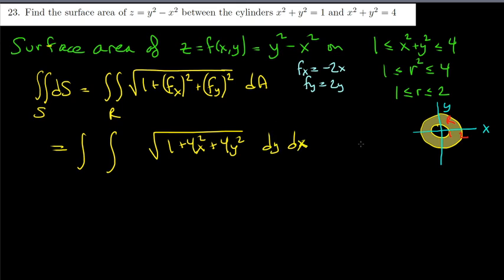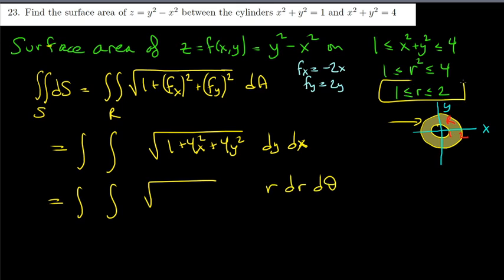But I hope you're not going to do this in rectangular coordinates, because these are disks, circular regions. So I would highly recommend switching to polar coordinates, r dr d theta. So r goes from 1 to 2. That was given. And theta, well, we want to go all the way around, so 0 to 2 pi.